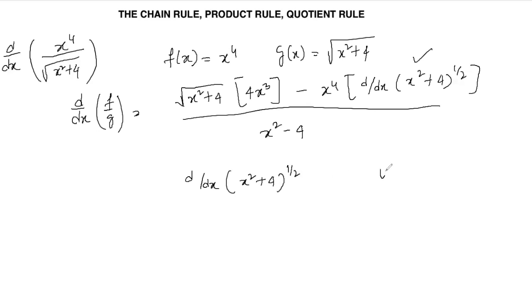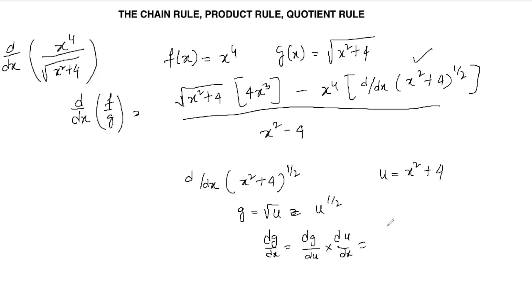Okay, so let us consider u as x square plus 4, and g is root u, that is u to the power of half. If you consider this as dg by dx, this is dg by du into du by dx.